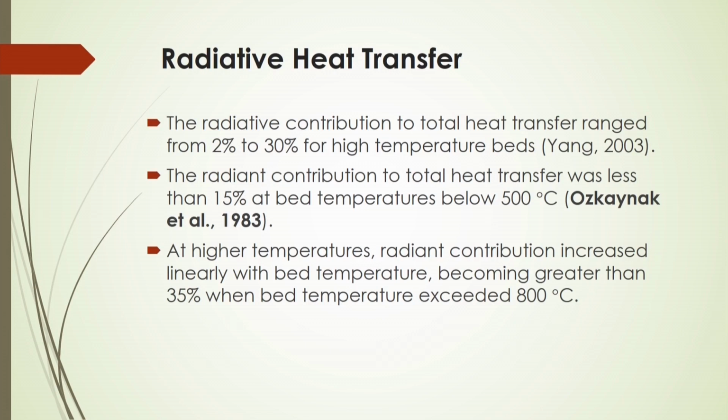The radiant contribution to total heat transfer will be less than 15% at bed temperatures below 500 degree centigrade, as reported by Oskovanek et al. 1983. At higher temperatures, the radiant contribution increases linearly with bed temperature, becoming greater than 35% when bed temperature exceeds 800 degree centigrade, as reported by Young 2003.